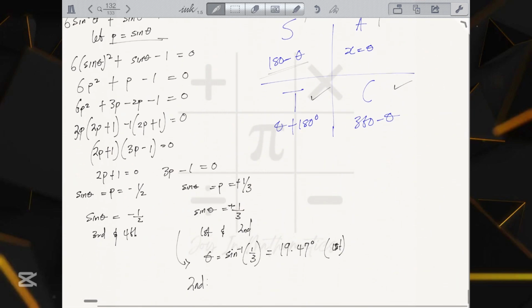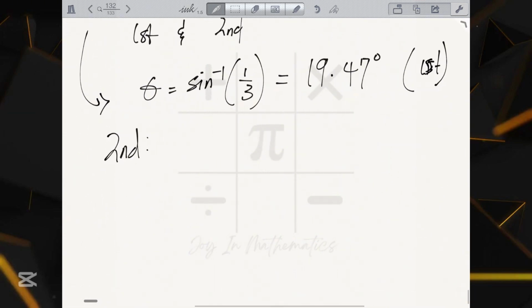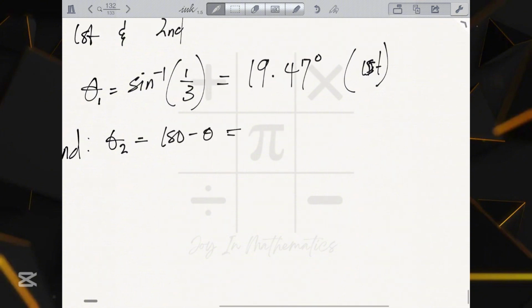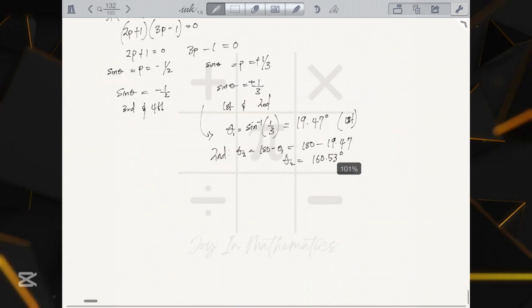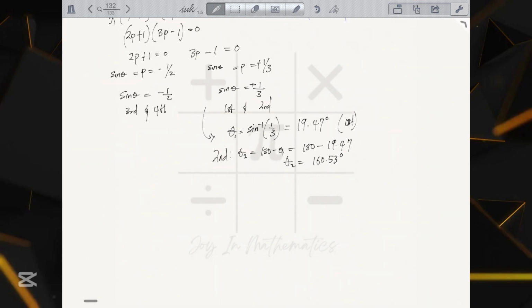Let's call the first value theta 1, and let's call this theta 2, which equals 180 minus theta. This equals 180 minus 19.47, which is 160.53 degrees. So theta 2 equals 160.53 degrees.